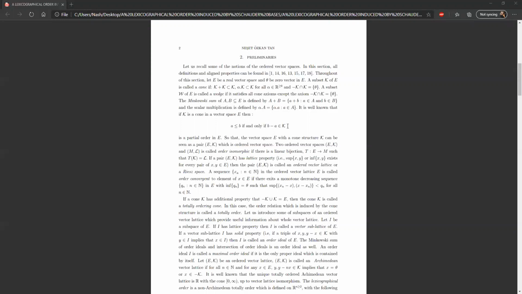Before giving our main results, let me give some definitions which are needed for our work.